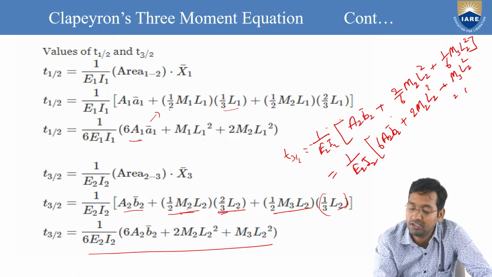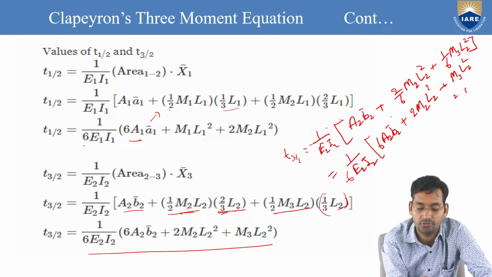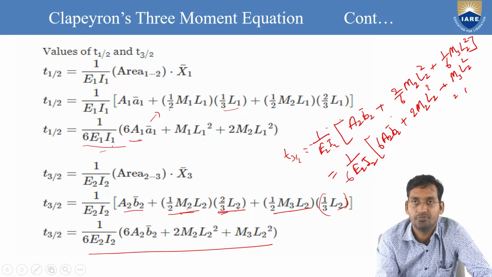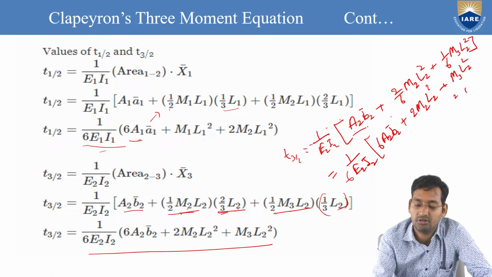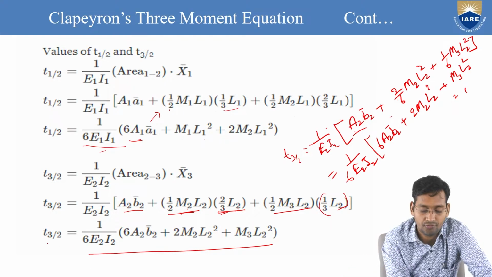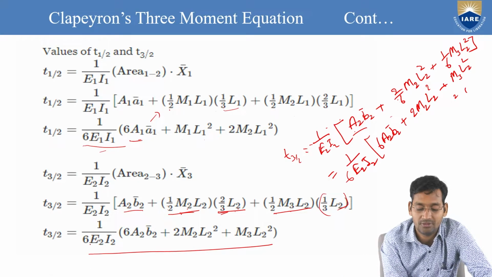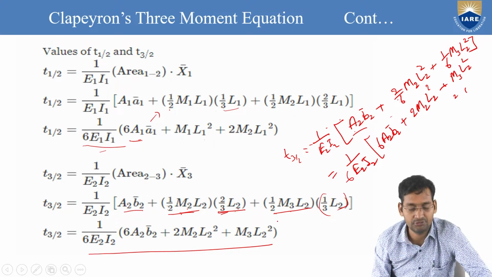Here we are multiplying, so we have to divide also. So another 6 will be here also, just like this one. I mean just multiply and divide by 6. So this term will get multiplied, this 6 will get cancelled, right? So now finally what we have, T3 to 2 is 1 by 6 E2 I2 into 6 A2 B2 plus 2 M2 L2 square plus M3 L2 square. So now we have T1 to 2 and T3 to 2.